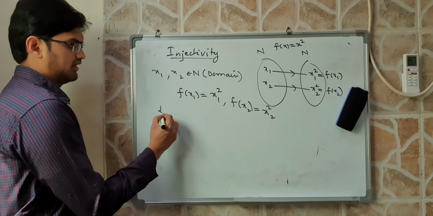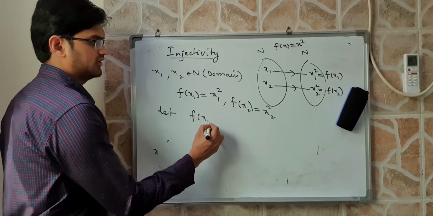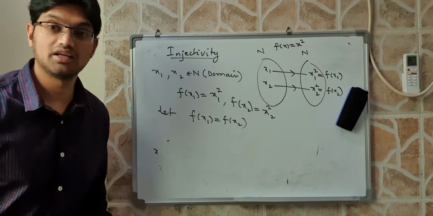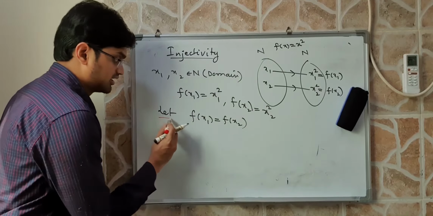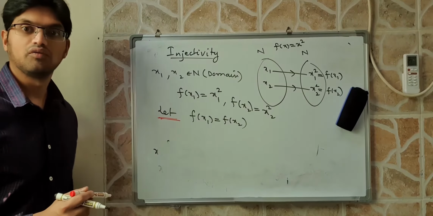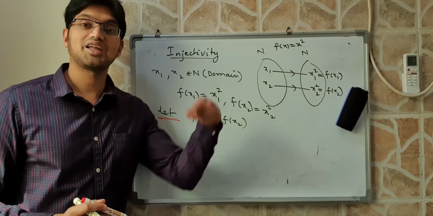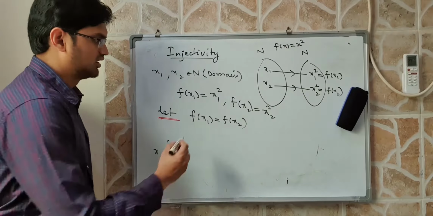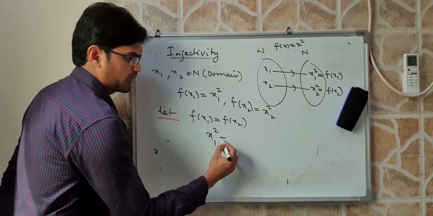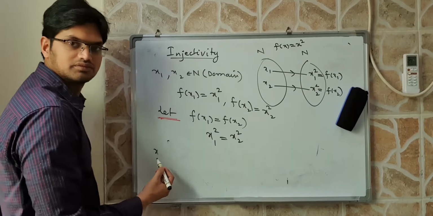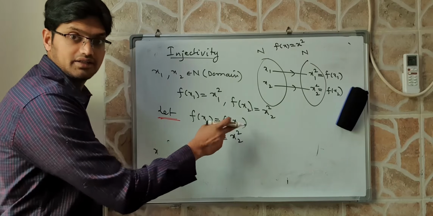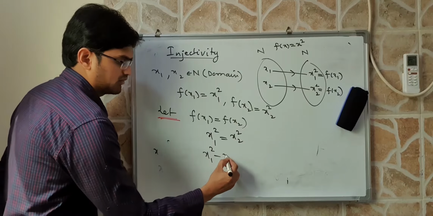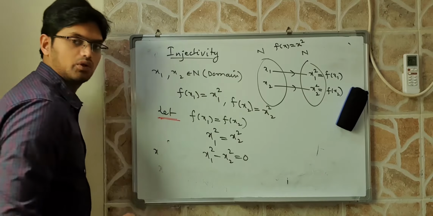Now let us see, let f of x1 be equal to f of x2. Here I have started with the condition which I explained previously. What we have to do is assume the images are equal. So what happens? x1 square is equal to x2 square. Now don't cancel directly here, please. Take it to the left side. x1 square minus x2 square is equal to 0.